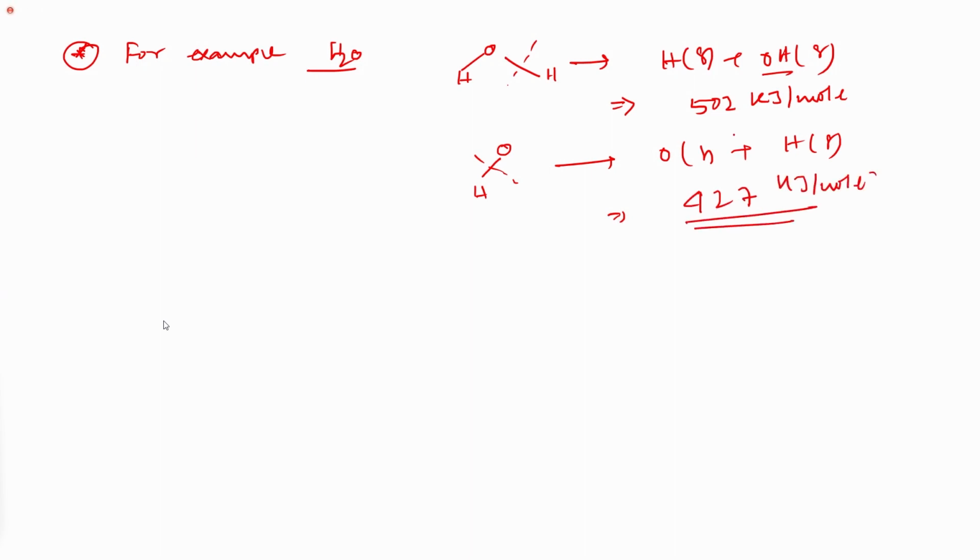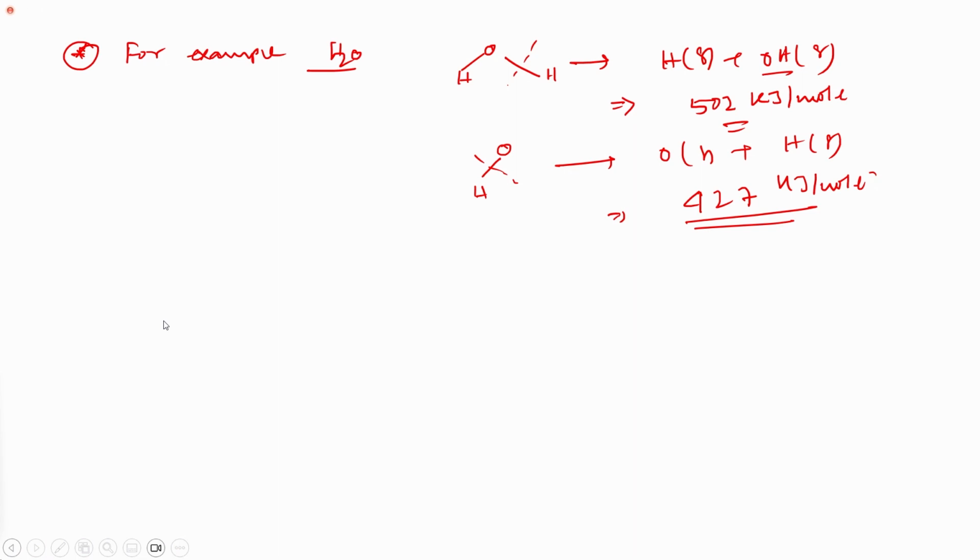So if you see those two values, there is a huge change. For the water molecule, there are two OH bonds, but we are claiming that these two OH bonds are not similar, from the bond enthalpy value.